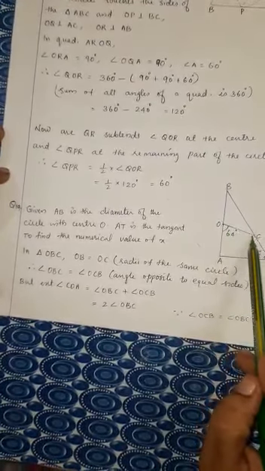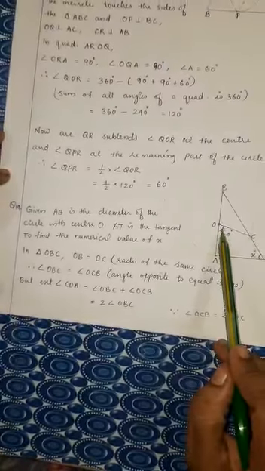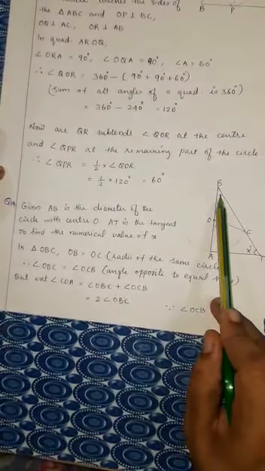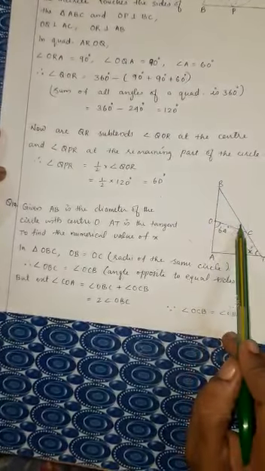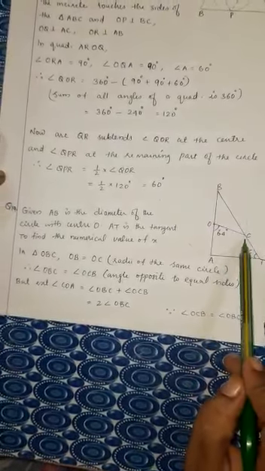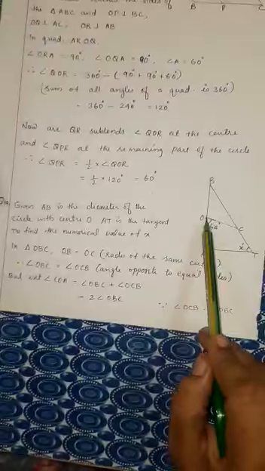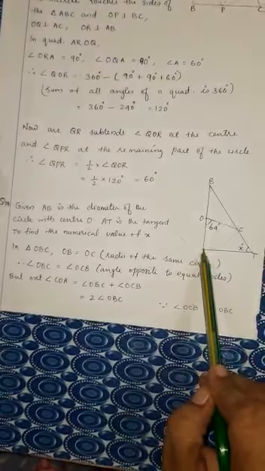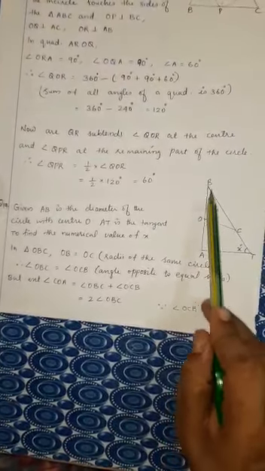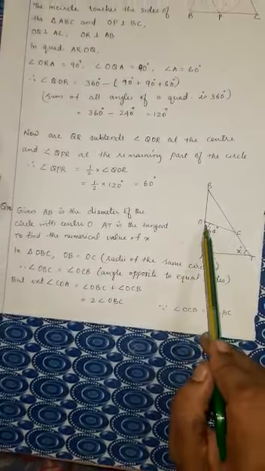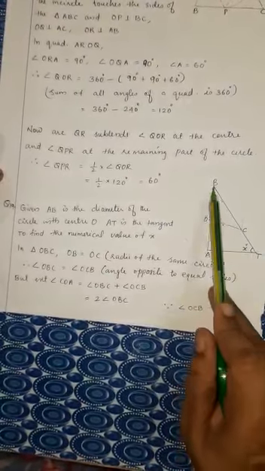Also, we know that the exterior angle of a triangle is equal to the sum of opposite interior angles. That is, angle COA is equal to angle OBC plus angle OCB.